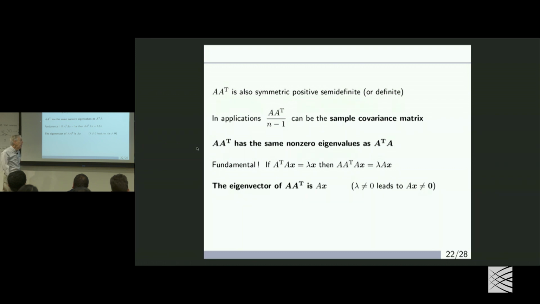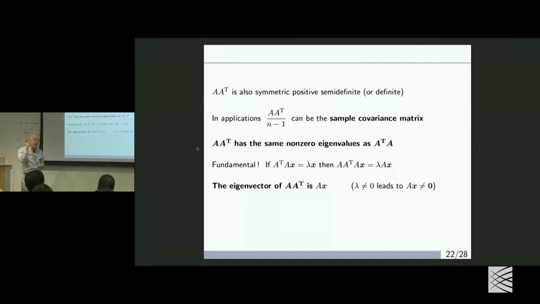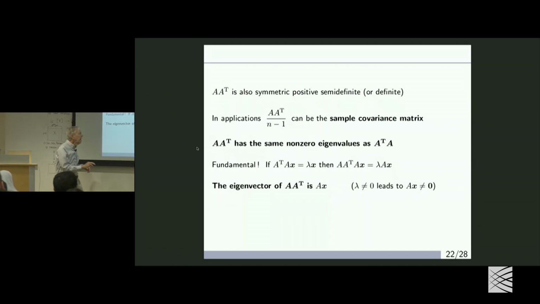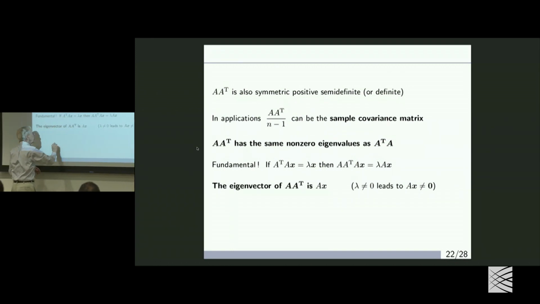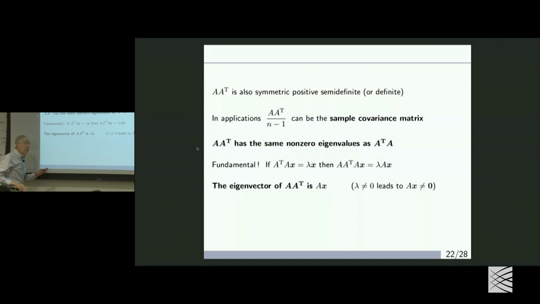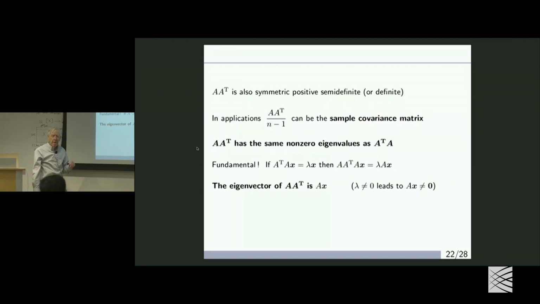So what's up? The point is these have the same eigenvalues. You can prove that in a line. But they don't have the same eigenvectors. They're different matrices. They're probably different sizes. So they've got different eigenvectors. So the result is, for this rectangular matrix A, there are two sets of eigenvectors. There are the eigenvectors that way, and then there are the eigenvectors that way. They're different, and those are called singular vectors.